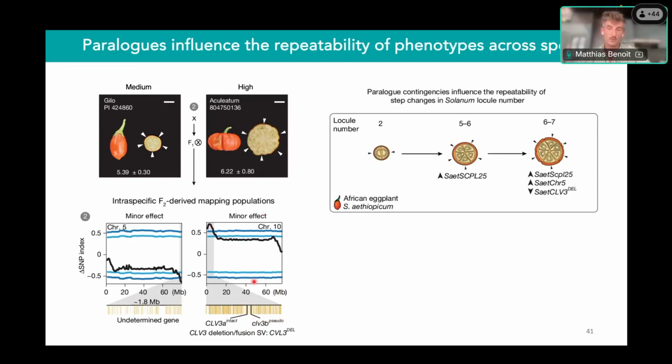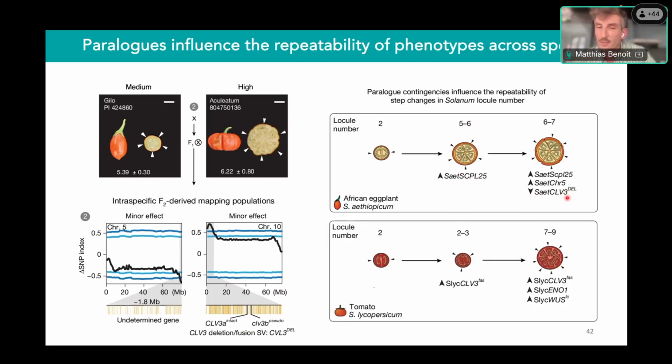So to sum up what I just presented to you, paralogue evolution and diversification has a major role in the evolution of domestication phenotypes between different species. In the case of Solanum aethiopicum, what I showed you is that the main driver of increase in fruit size is not clavata3, it's this carboxypeptidase gene that was then fine-tuned by the addition of minor effect haplotypes such as the clavata3 deletion.